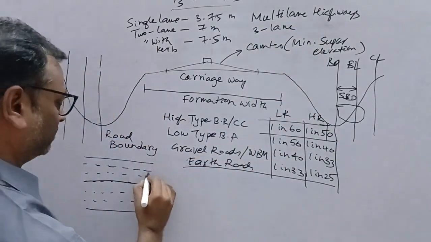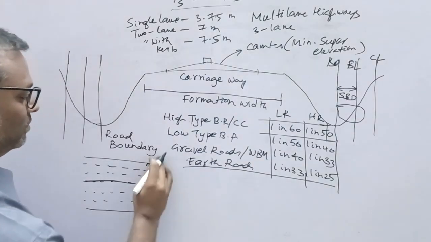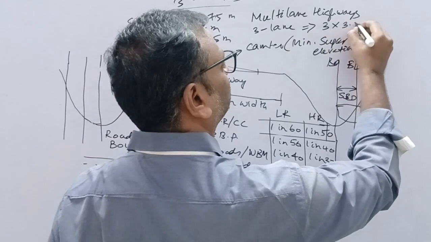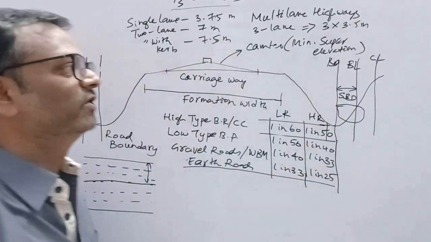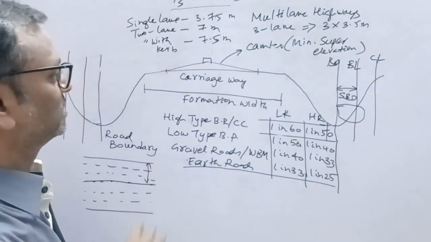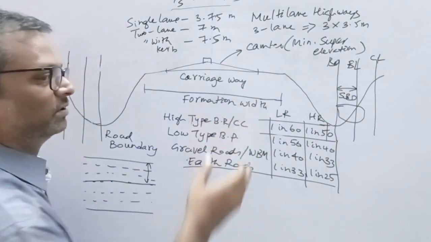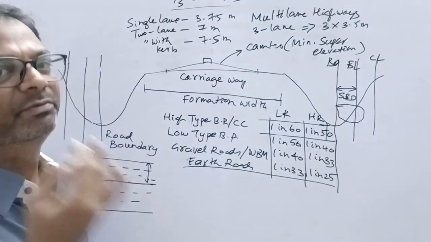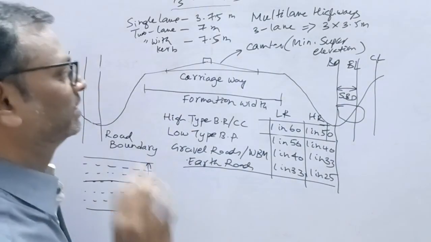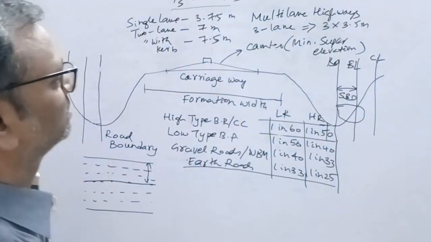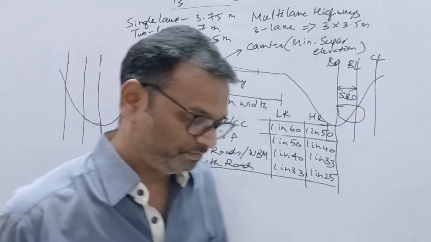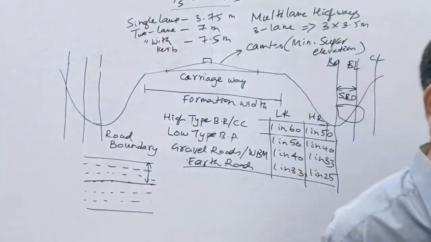For a 3-lane, multiples of 3.5. So that is 10.5 meter here and 10.5 meter here. So this is all about it. And formation width is 12 meter, 9 meter, 7.5 meter, 6 meter, whatever there. You have to learn them by heart and remember those things. This is briefly about cross-section elements of a typical highway.